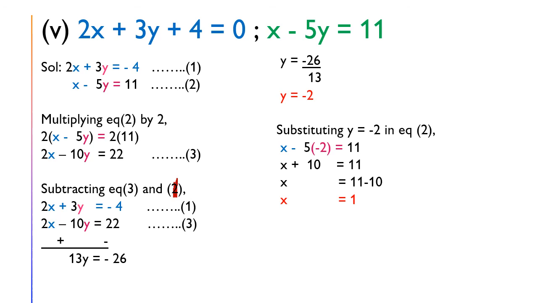So how will we write down the bracket? We'll write down the value of x first, followed by the value of y. So x is 1 and y is minus 2.